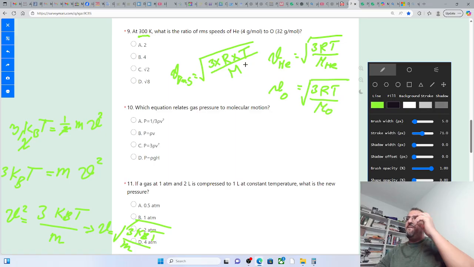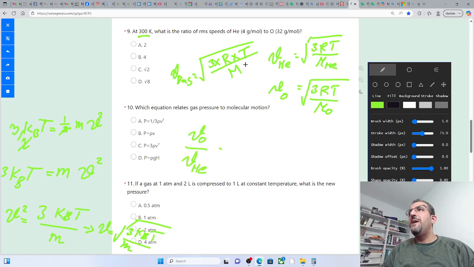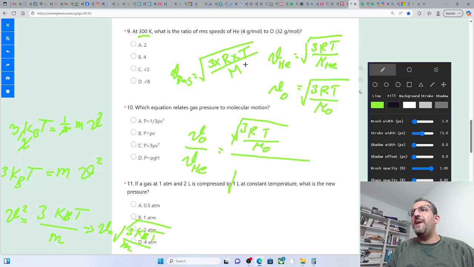If I get the ratio, I divide V oxygen by V helium, which gives the square root of 3RT divided by the molecular mass of the oxygen, divided by the square root of 3RT divided by the mass of the helium.